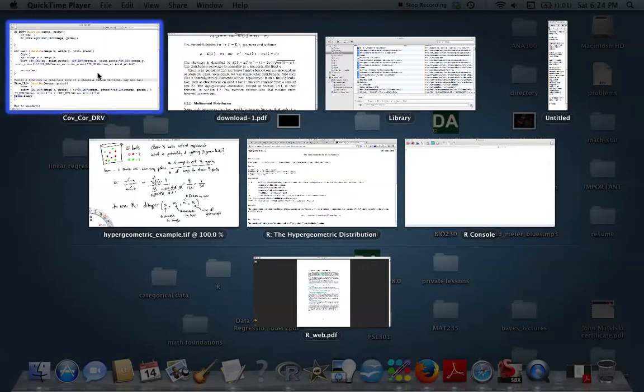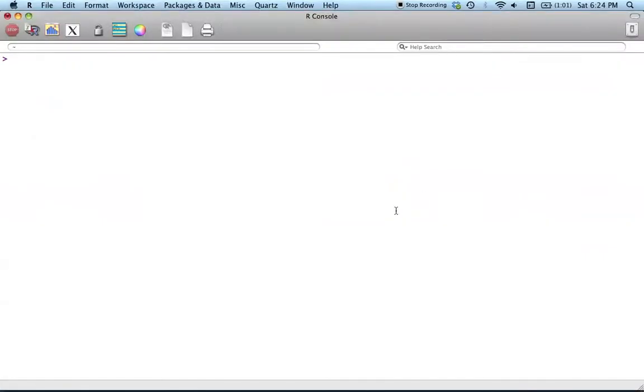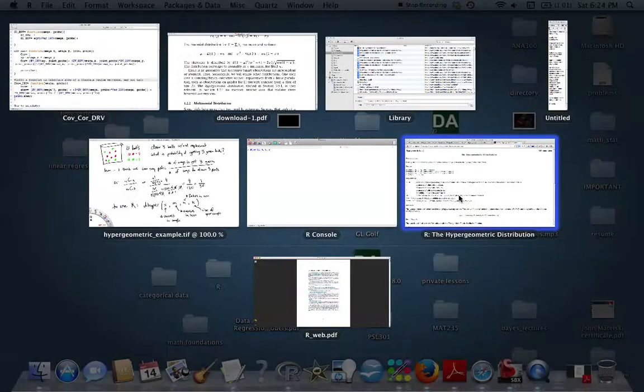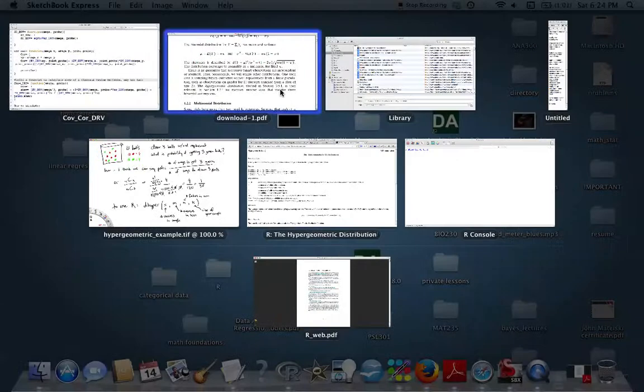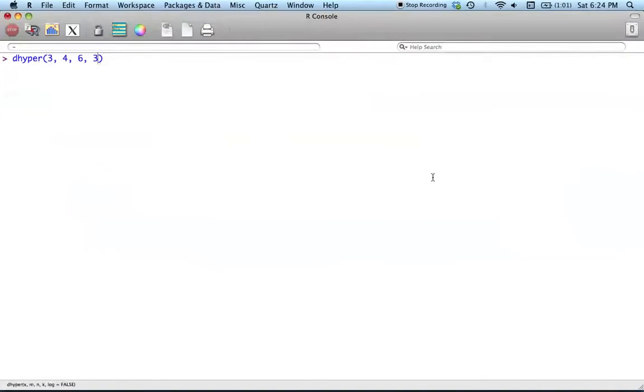So what I would do is go into R, and I would put in dhyper, what did I say? 3, 4, 6, 3. Is that correct? Yes. Okay, so let's see what that gives me. And we can see that this is in good agreement with what we computed by hand.